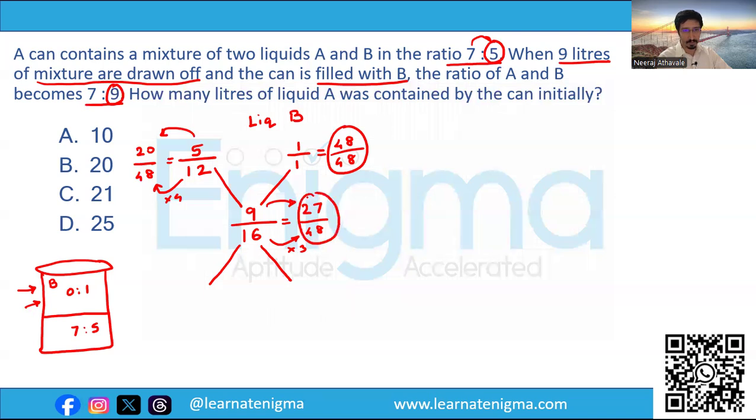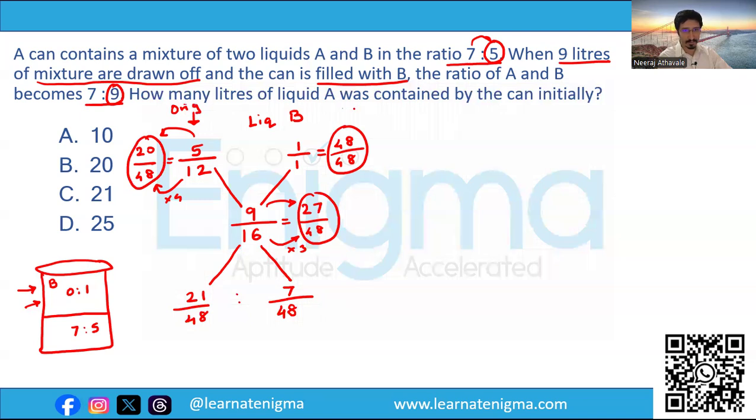Now we use these three fractions for cross subtraction. So it becomes very easy. 27 minus 20, we have 7 upon 48. And 48 minus 27, that gives us 21 upon 48. Now this we are representing the original.